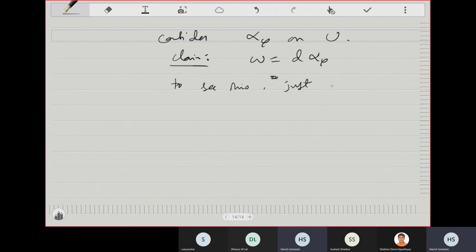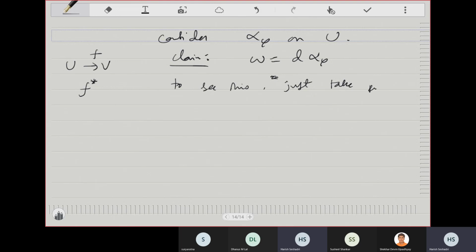Just take, actually here, my earlier notation of pullbacks rather than Rudin's notation. Remember I had this notation that if F is from U to V, the pullback was denoted by F star. That notation is more handy rather than using F as a subscript.